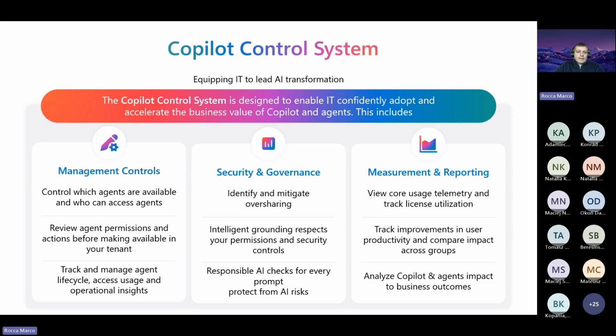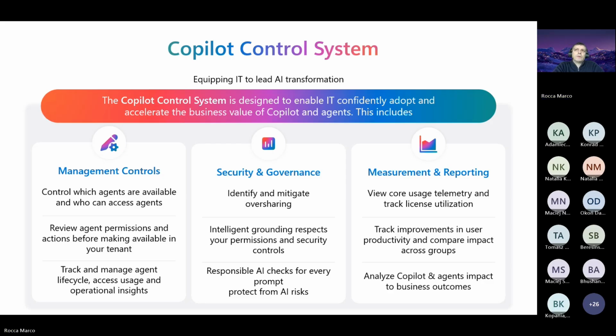Security and governance is another important part because it's important to secure your data. For example, using SharePoint Advanced Management, because SharePoint is the first knowledge base for our agents, because every company maintains a ton of documents, a ton of knowledge inside SharePoint. Manage, for example, which types of LLM models are available in your organization.